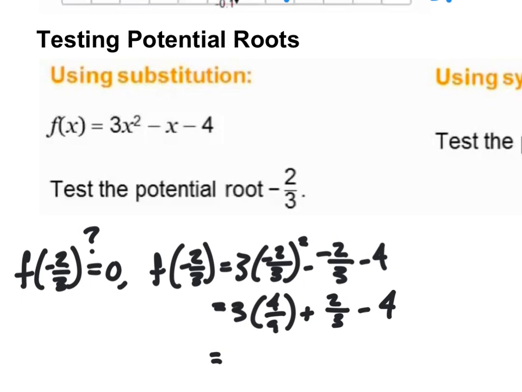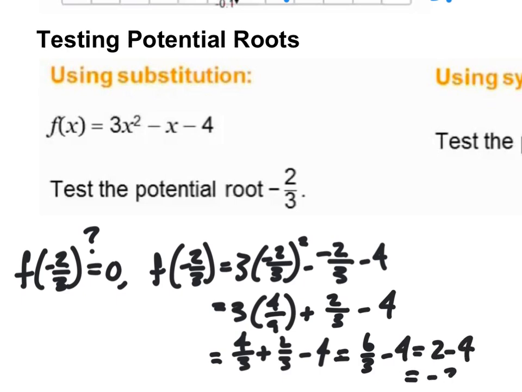3 divided by 9 is 1/3, so really this is 4/3 plus 2/3 minus 4. 4/3 plus 2/3 is going to give me 6/3. So you get 6/3 minus 4, and that's really just 2 minus 4, which gives me negative 2.